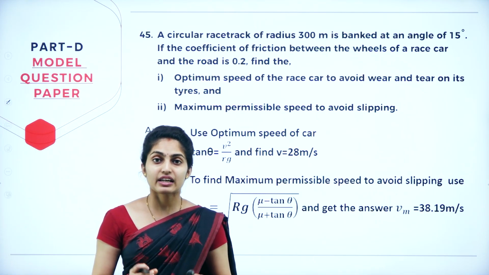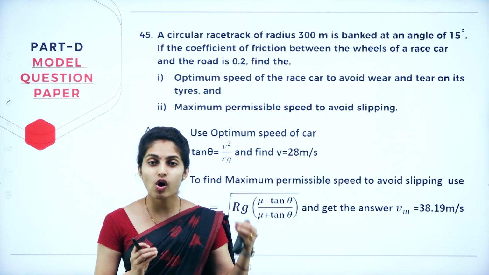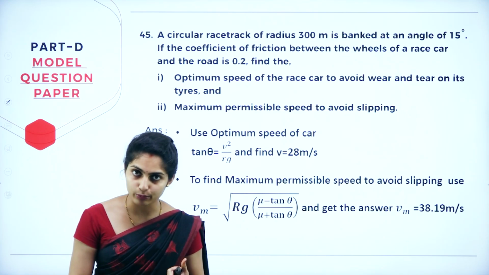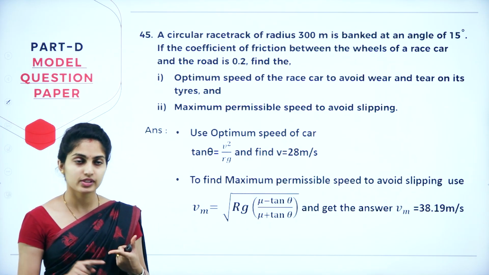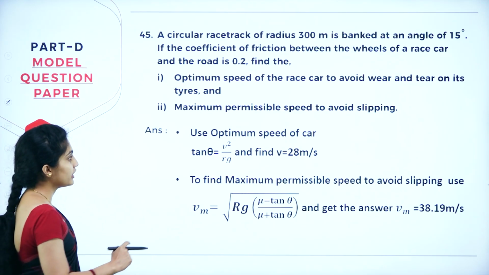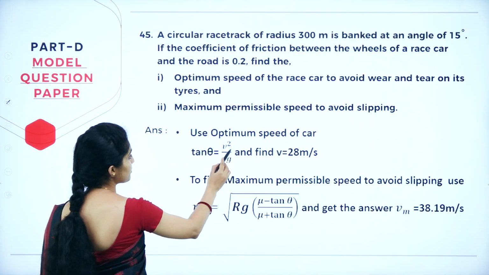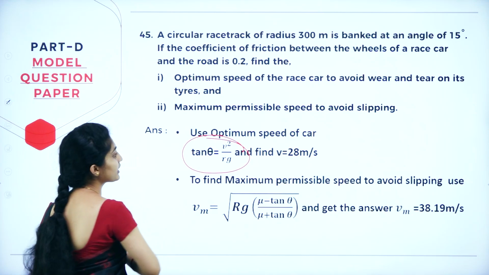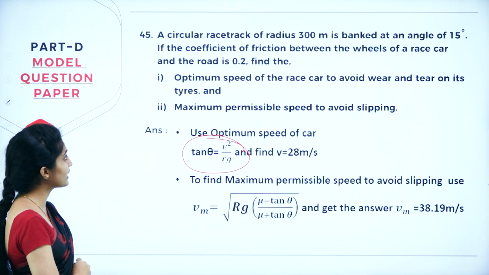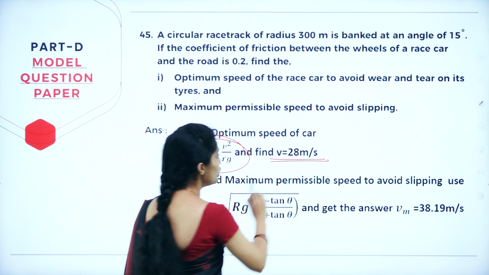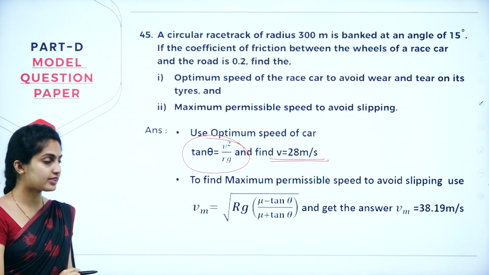So write the given terms. What are given with the help of the questions. Next, write the formula, which formula to be used. Okay, and then finally use it for the optimum speed of the car. In order to find the optimum speed of the car, you have to use tan theta is equal to v square divided by r into g, and we have to find v is equal to 28 meter per second.